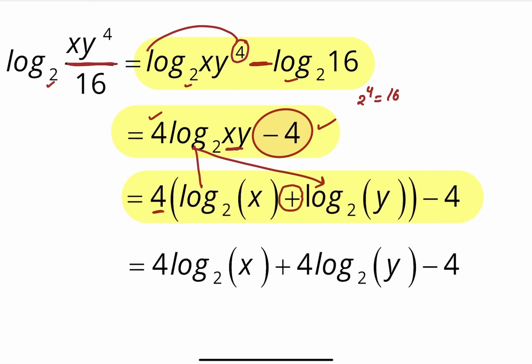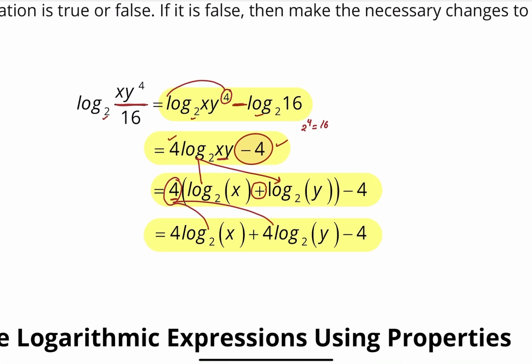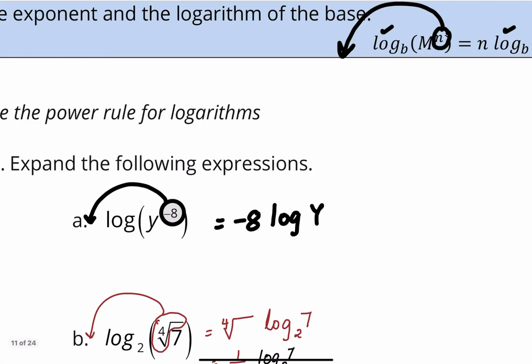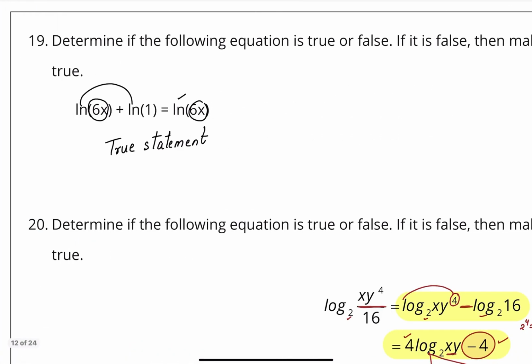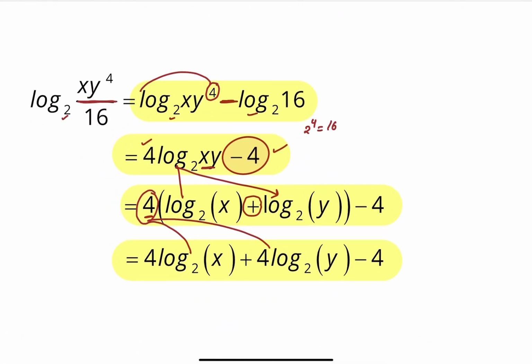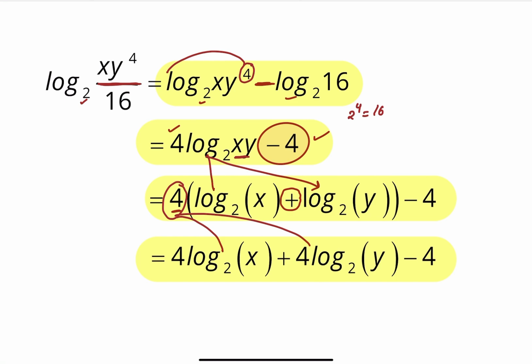Now in the next step, look what they did. They distributed the 4 to the x and to the y. So this step is also correct. Pause if you have to, and then go ahead and take a look. Oops. Where is it? Where was it? Right here. Pause, and if you have to go back and rewind, go ahead and do that.